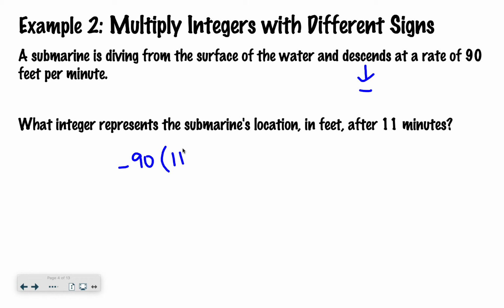So I'm going to say negative 90 times 11, and that is going to be a negative. And 90 times 11 is 990. So the location of the submarine would be 990 feet below the surface of the water, or negative 990 feet.